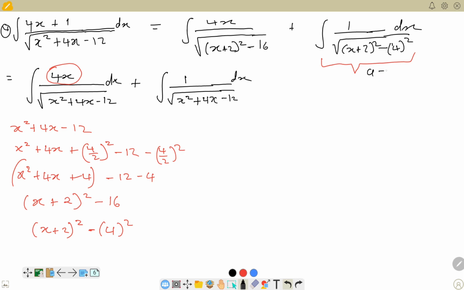Then a is actually 4. Then f of x is actually x plus 2. Then you go and read, there's a formula for that, which is arccosh. But for now, let's see another method that we can use.